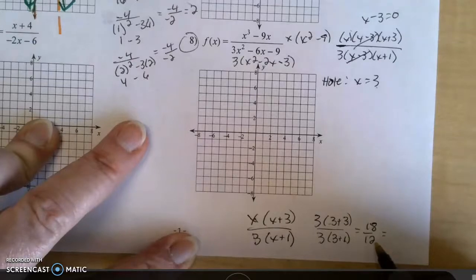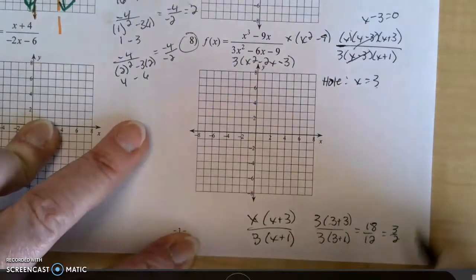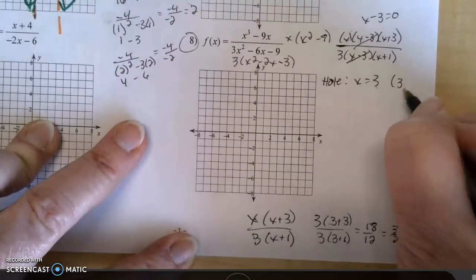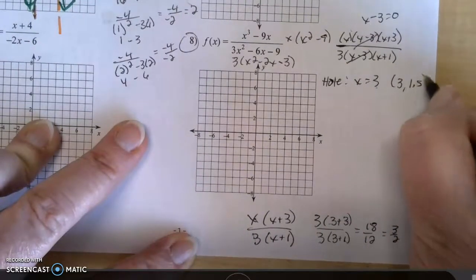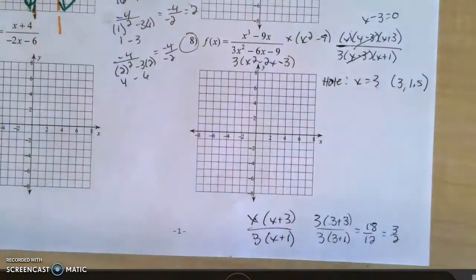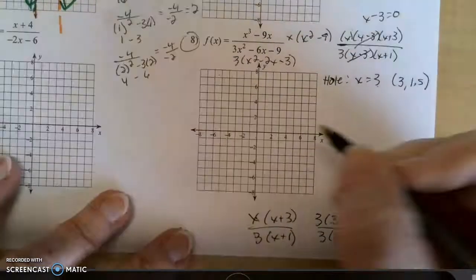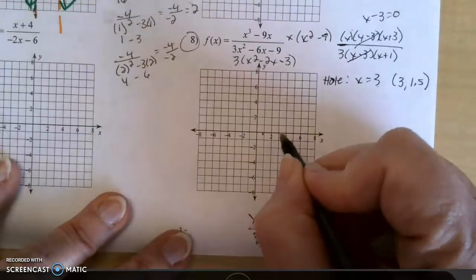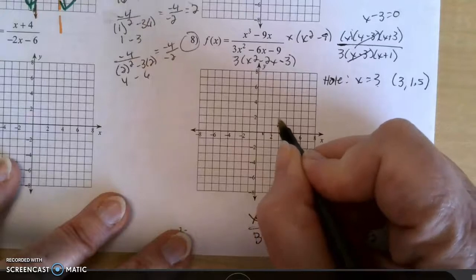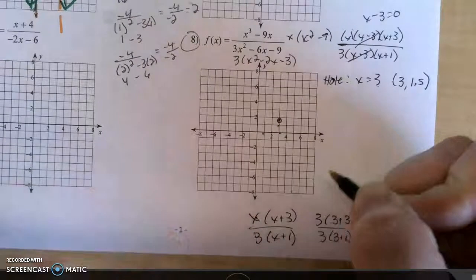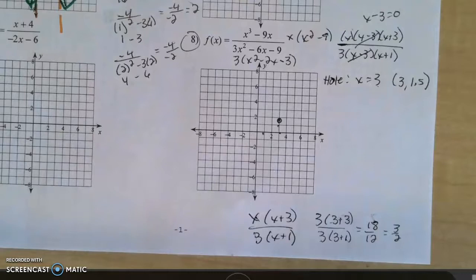Divided by 6, I have 3 halves. So my hole is at 3 comma 3 halves, or 1.5. So I'm going to put that hole in. 1, 2, 3 over 1.5, and I have a hole. That is an open dot. So when I'm drawing my graph, that is a hole.